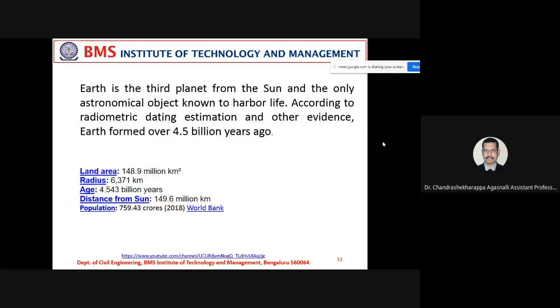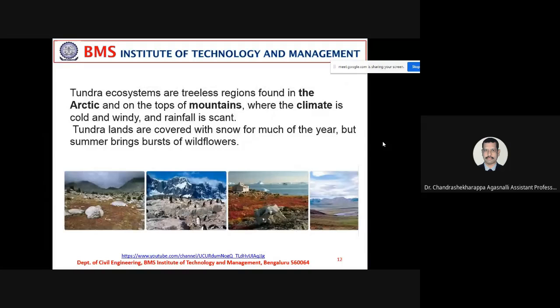And in this type of tundra ecosystem, only cold-living animals like penguins and other such animals can be seen. The northern part of India is heavily cold, but not like this. In Himalayan regions, it is there, of course.